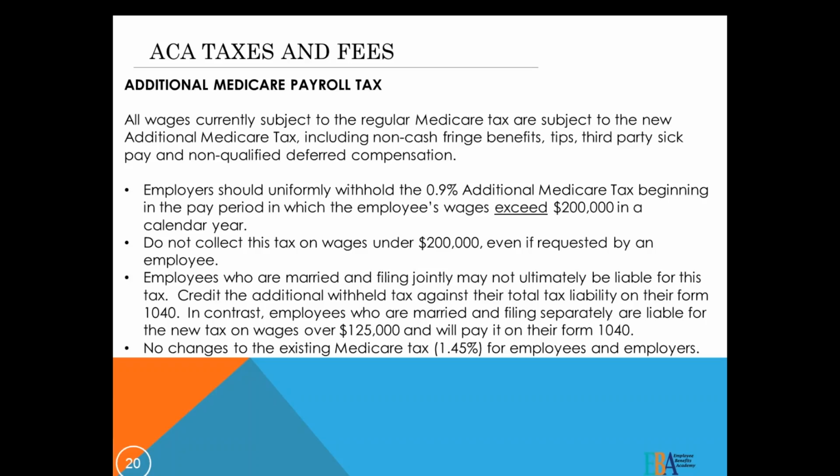So Seth didn't have the additional tax withheld, but he's married and he files his annual tax return separately from his spouse. So Seth will pay the additional 0.9% on $5,000 of his wages on his tax return. The existing Medicare tax, that 1.45% for employees and employers, is not affected or impacted in any way by this new tax.